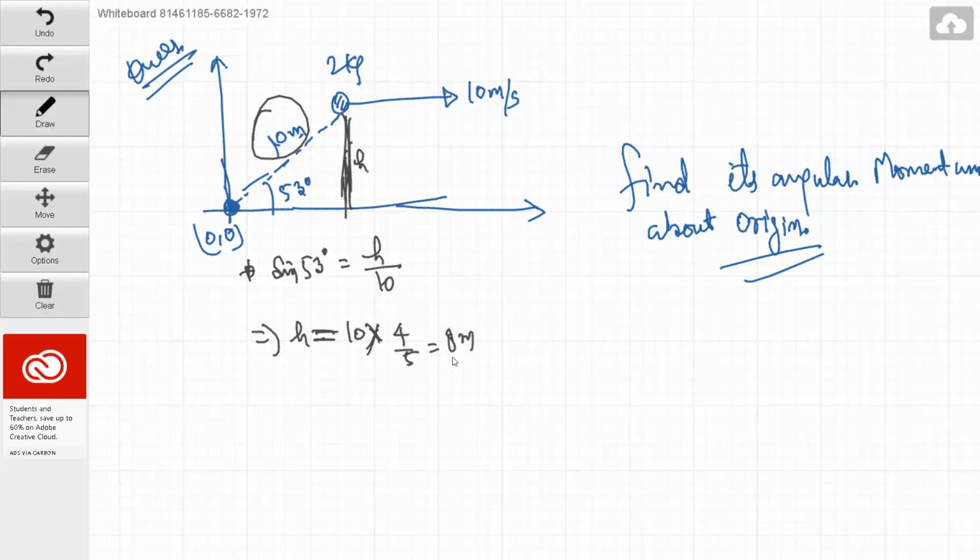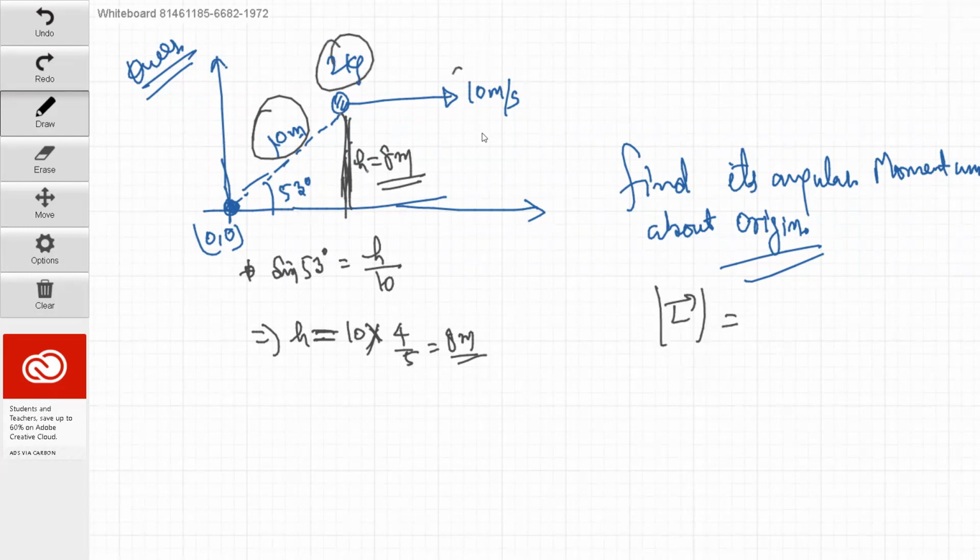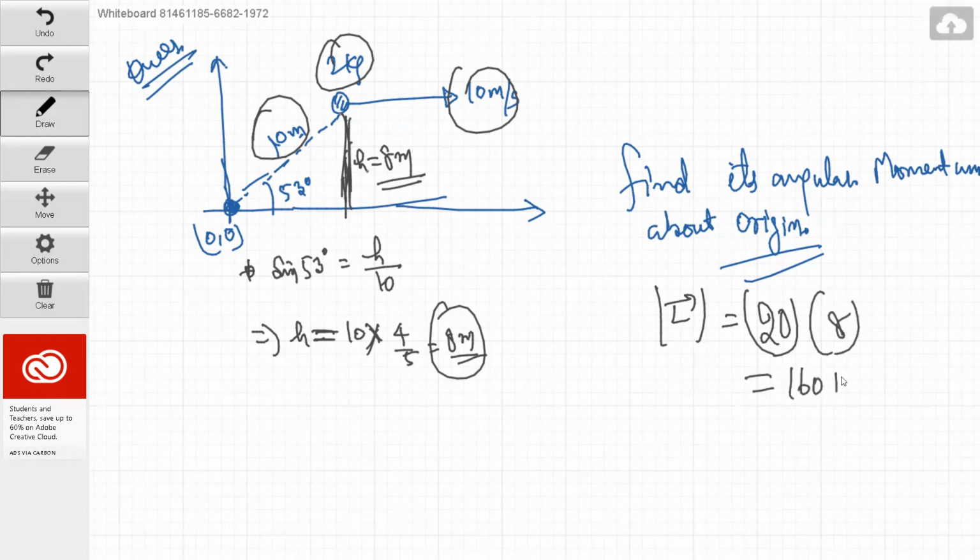So this is 8 meter. Hope you understand. So its angular momentum will be mass into velocity, that is 20, into this distance h, 8, which equals 160 kg meter squared per second. Is this all right? Do it fast.